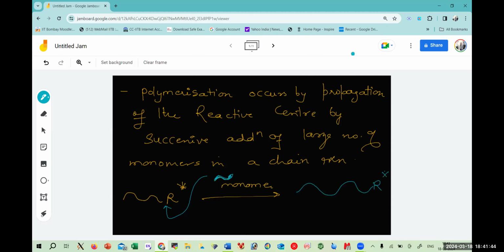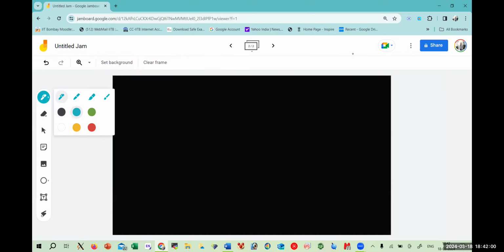Now the chain has been increased. Now again, I have another monomer. So further the chain would be increased to a new group, and it would continue to grow like a chain thing.